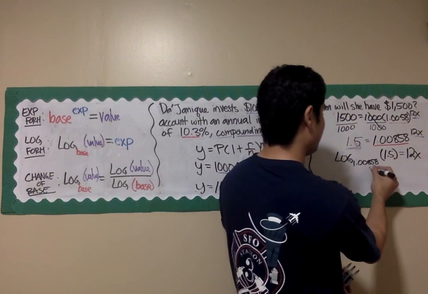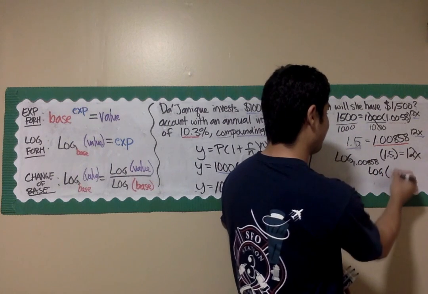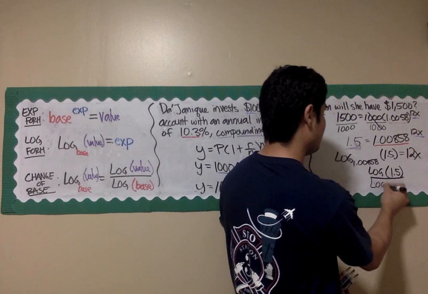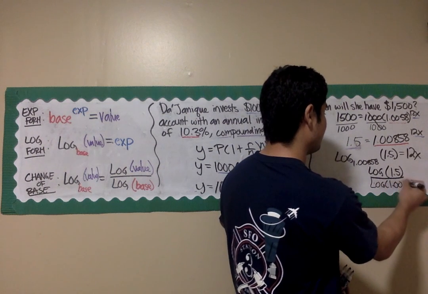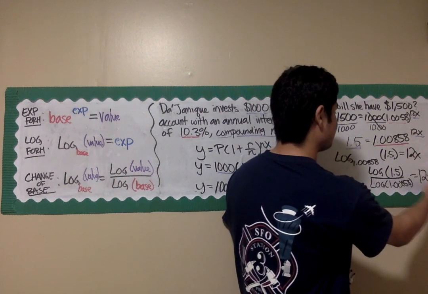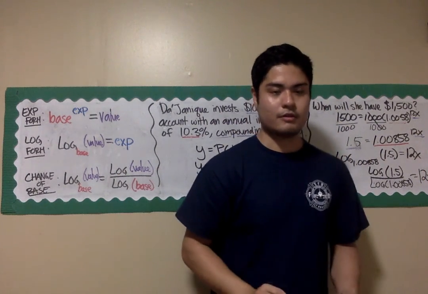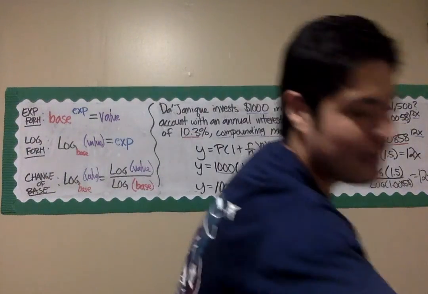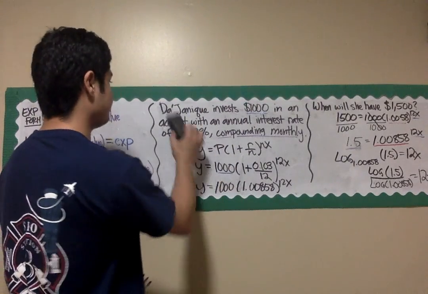Now it's going to be the log of the value 1.5 over the log of 1.00858, and that equals 12x. I'm running out of space. I'm going to erase this stuff and continue over here.